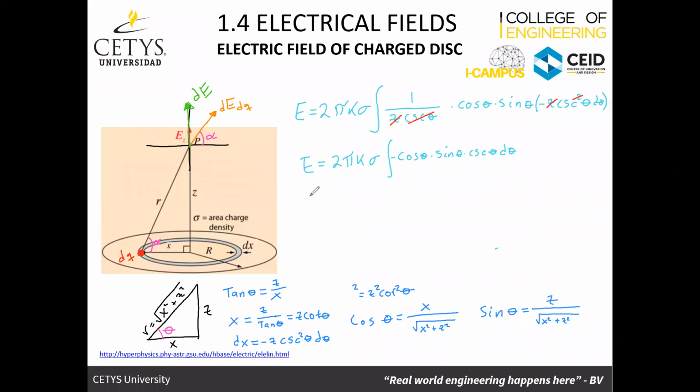And so we're going to have that E equals 2 pi k sigma times the integral of minus cosine of theta multiplied by sine of theta multiplied by 1 divided by sine of theta d theta. So what's going to happen there? The sines are going to be eliminated, and I am going to be left with 2 pi k sigma times the integral of minus cosine of theta d theta.